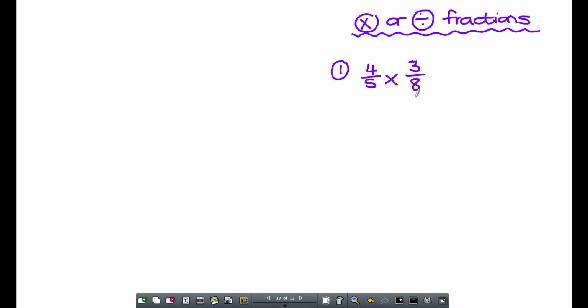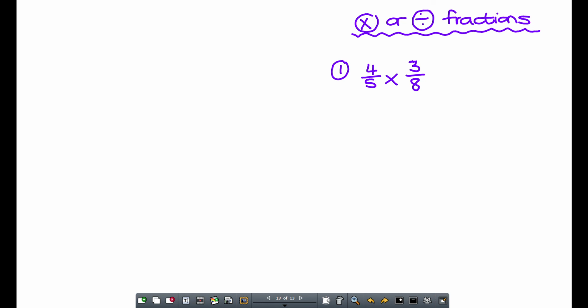Or you could have cancelled out right from the start. What could you see? The 4 and the 8. 4 will go in once and 4 will go in twice. So your answer would have been 3 over 10 because the 5 times 2 gave you 10. Okay, so that's the short method.